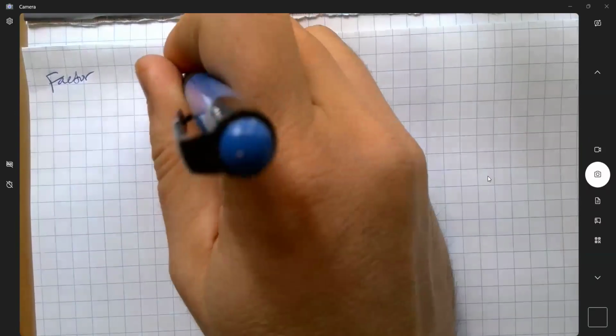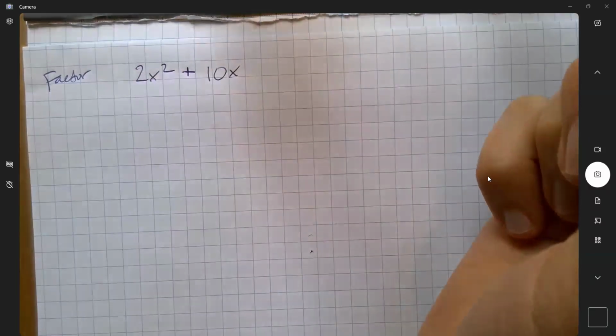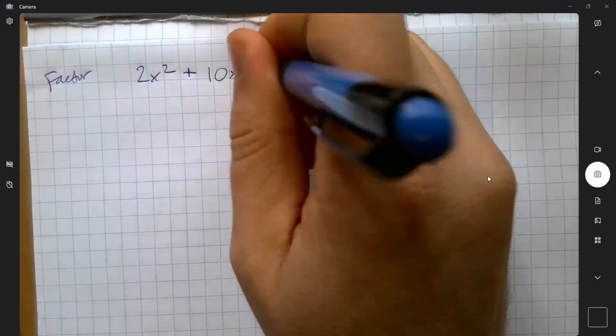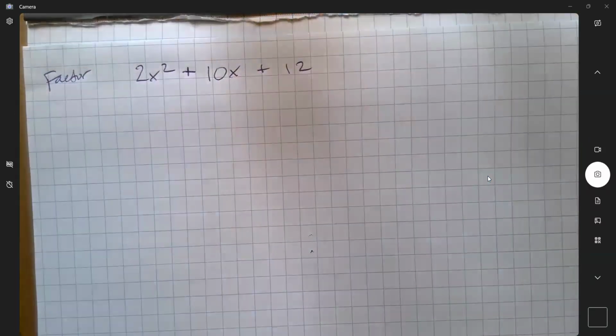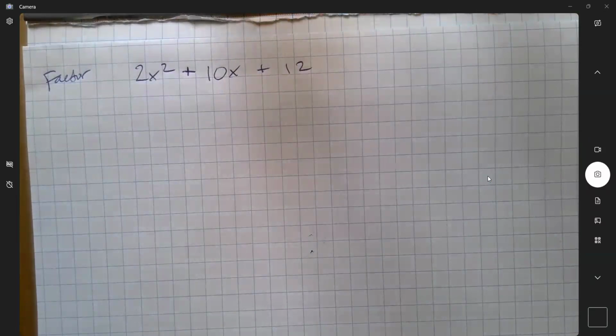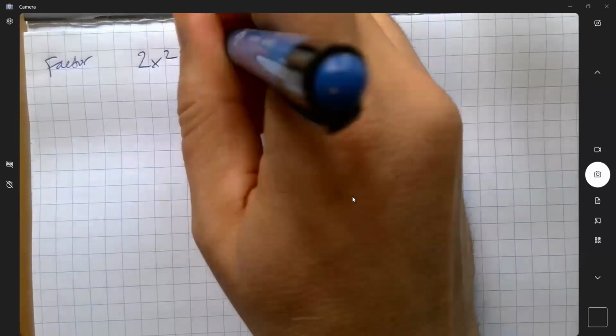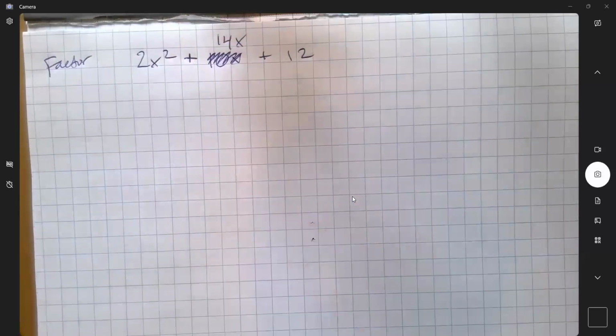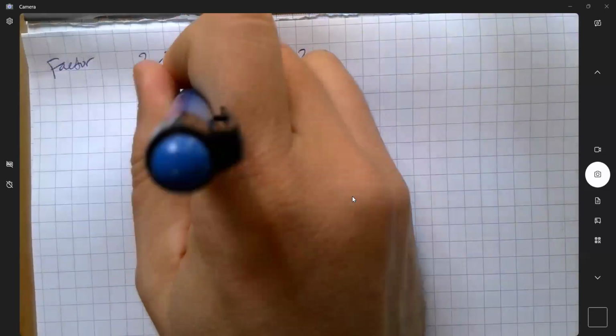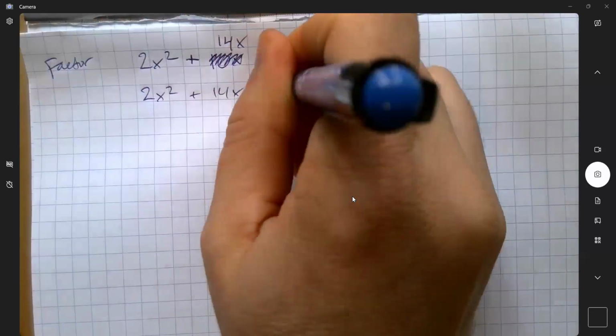I'll go ahead and make this a plus 10x just for fun. Plus 10x plus 12. I changed my mind. I want this to be a plus 14x. So I'll rewrite it. 2x squared plus 14x plus 12.